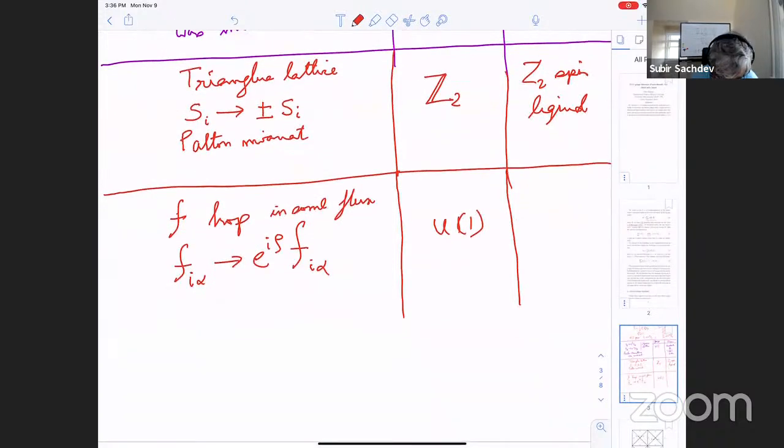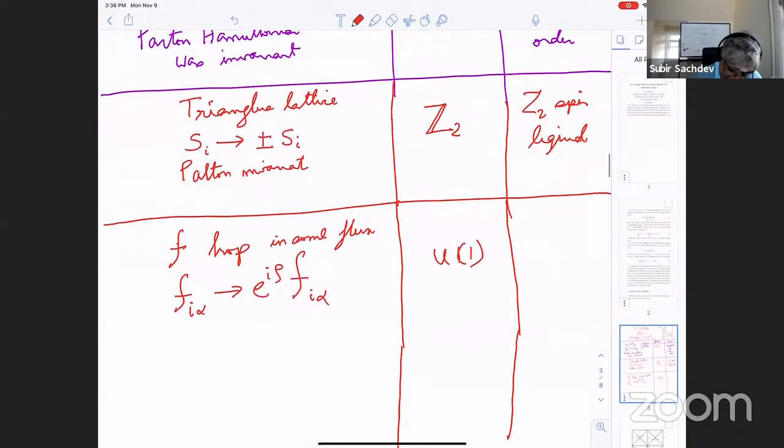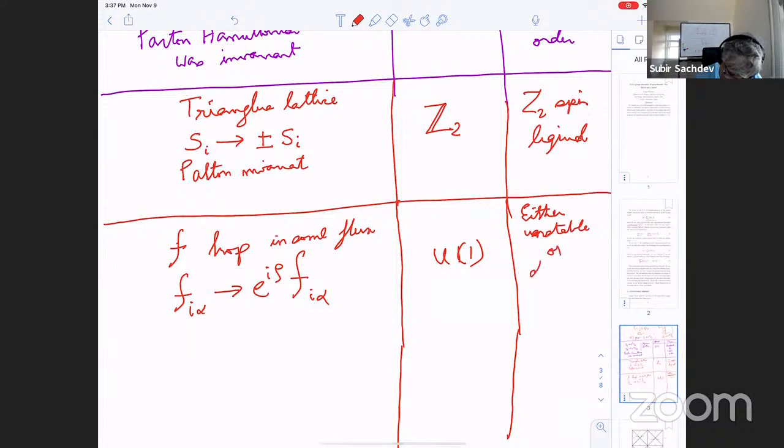And here the answer is a bit similar to this. It's either just totally unstable, or it describes a gapless conformal field theory.